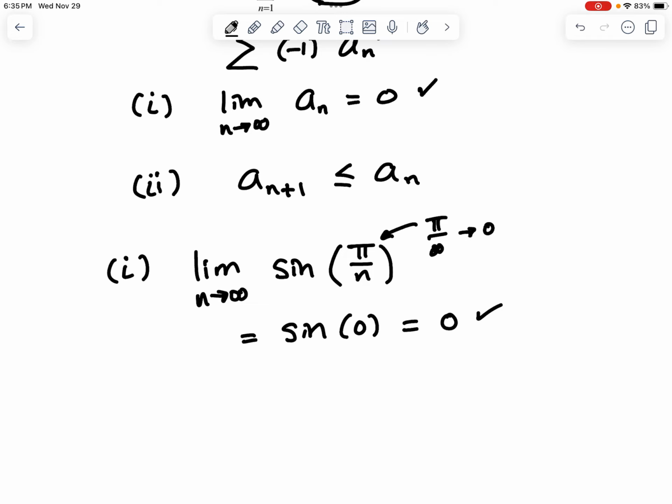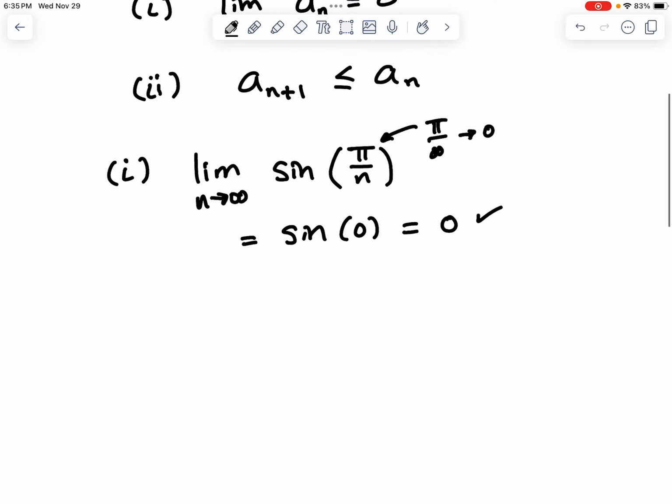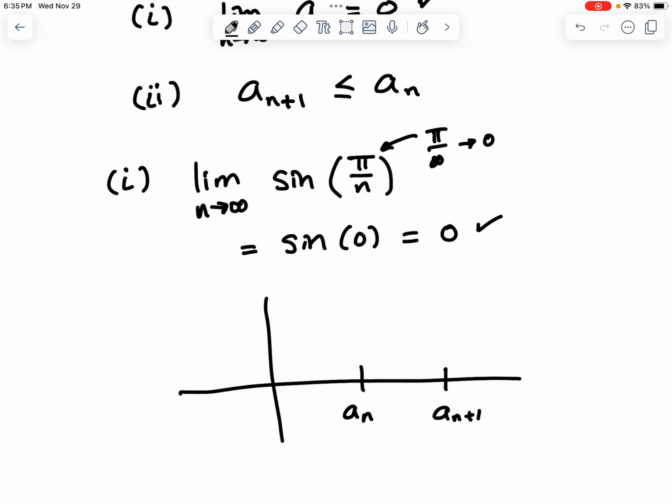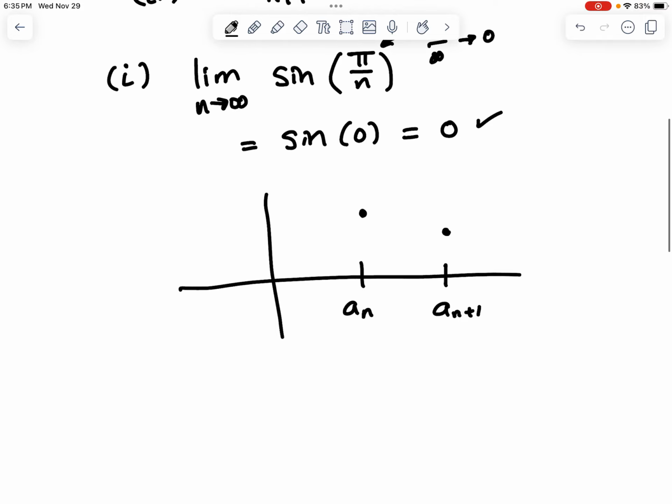The next thing to do is show that it's decreasing. So basically, if you have a_n here and a_(n+1) is the next term, then it needs to be going down, or decreasing. You can try to do that directly.